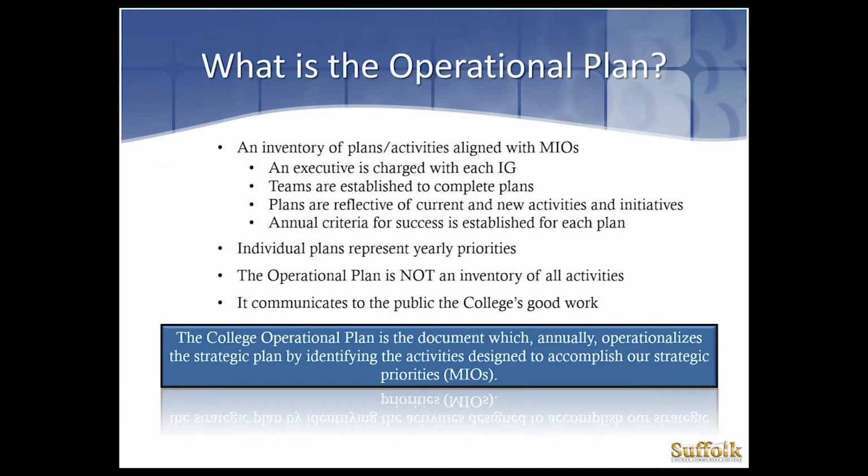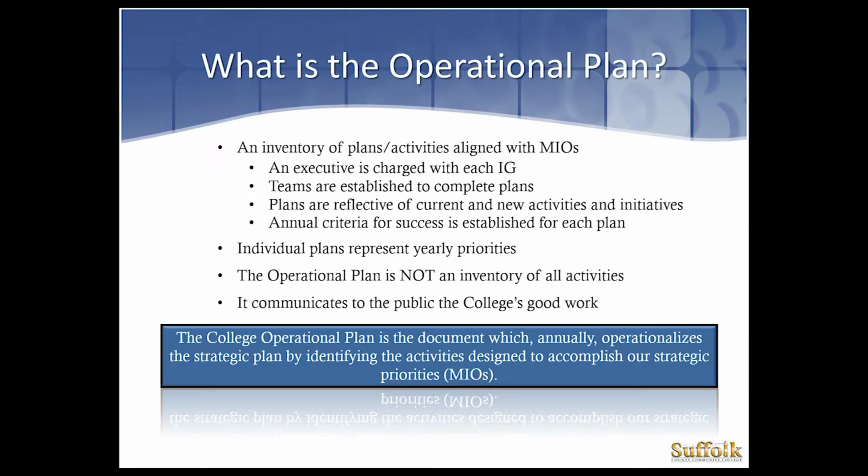So the question is, what is the operational plan? It's a very large and prominent document which contains our 6 institutional goals, the measurable institutional objectives under each one, and then a series of plans that have been proposed by members of the President's Executive Cabinet who each hold responsibility for one of the institutional goals.